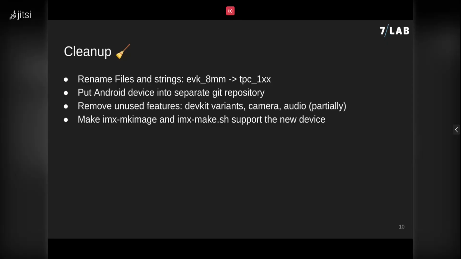Then we clean that up from stuff that we don't actually support, like devkit variants, camera, audio, stuff like that. Audio can't be removed fully because this is very deep in Android, at least with the NXP HAL. But it doesn't matter if it's there and not used. It doesn't do much harm, so that's fine.